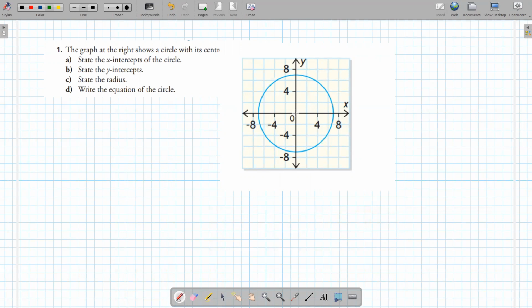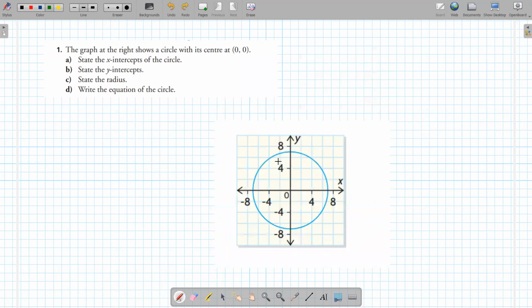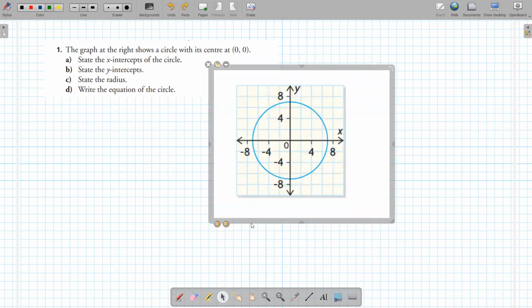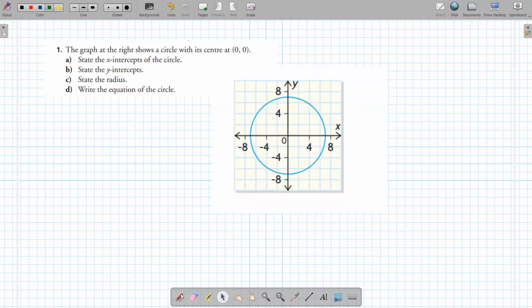The radius is the distance from here to here. It's a number between 4 and 8. It's not 6. Try again. So this is 2, right? This is 6. And that number is between 6 and 8. It must be 7.